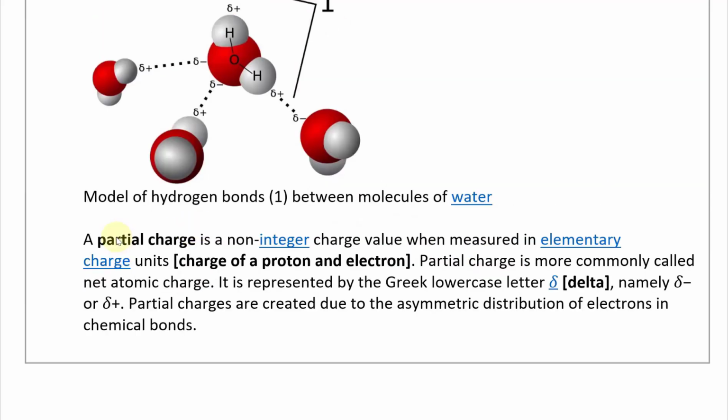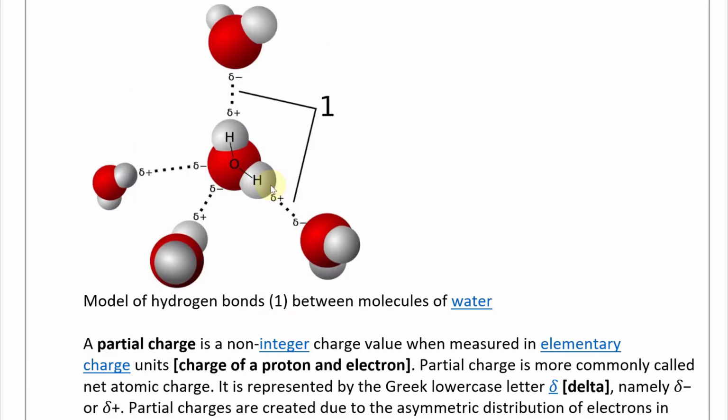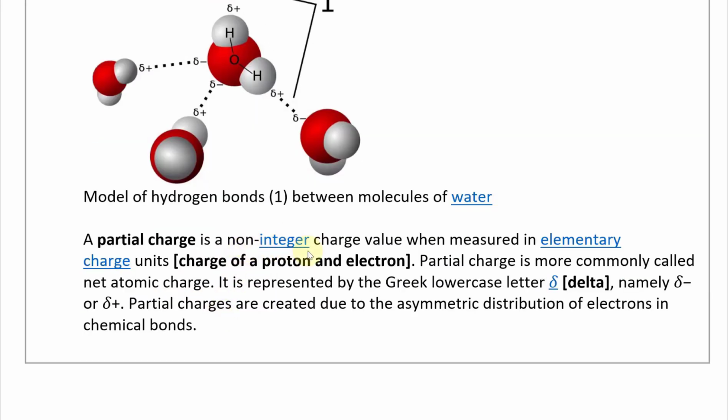Alright, going further. A partial charge is a non-integer charge value, just to illustrate these, this delta plus and delta minus. A partial charge is a non-integer charge value when measured in elementary units, or in other words, the charge of a proton and electron. Partial charge is more commonly called net atomic charge.